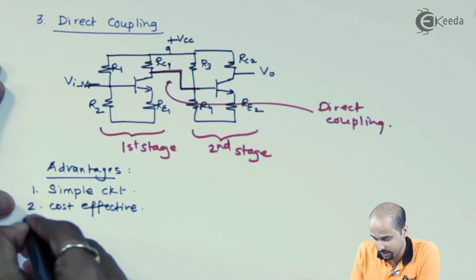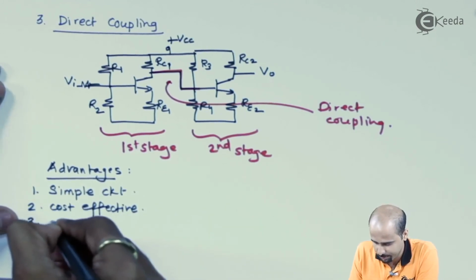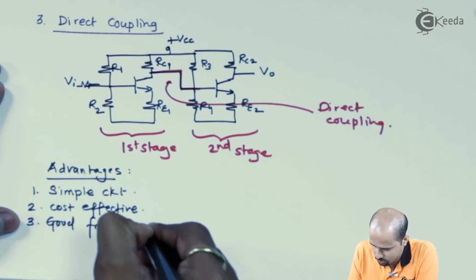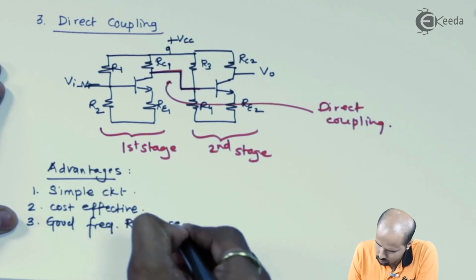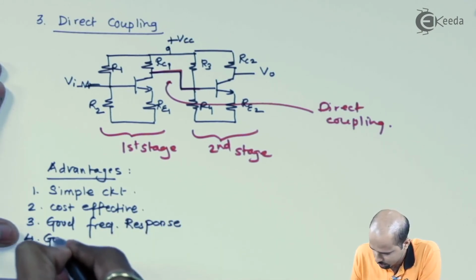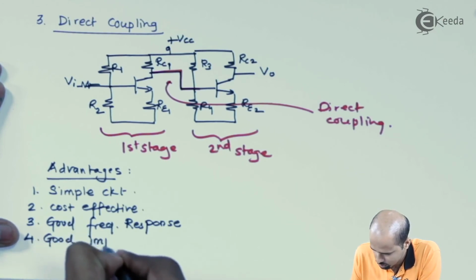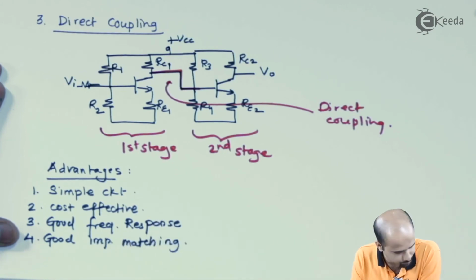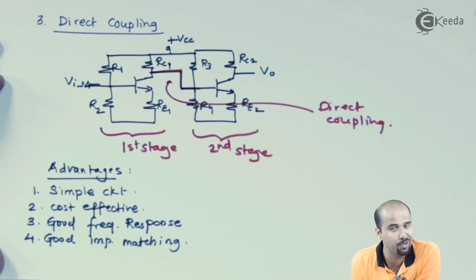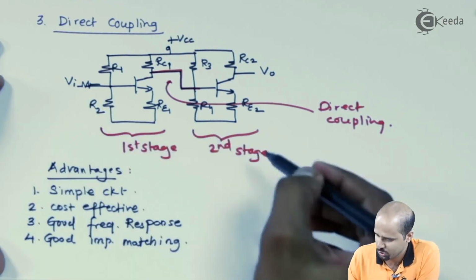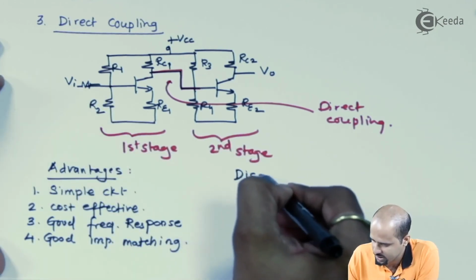So there are two advantages simultaneously, good frequency response and good impedance matching. As I said, advantages are there, so disadvantages or limitations have to be there. So we will say disadvantages.